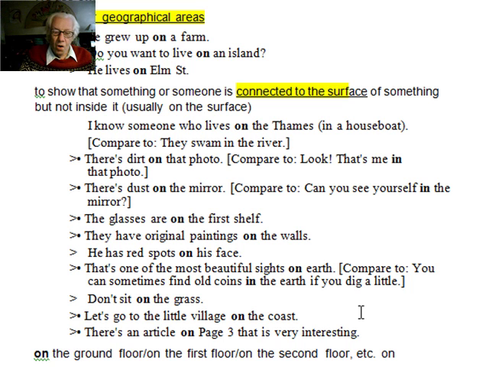There's an article on the page. Well, the page is a surface. The printing appears on the surface, so we're not talking about the printing, but the surface of the paper, and the article is on that surface.